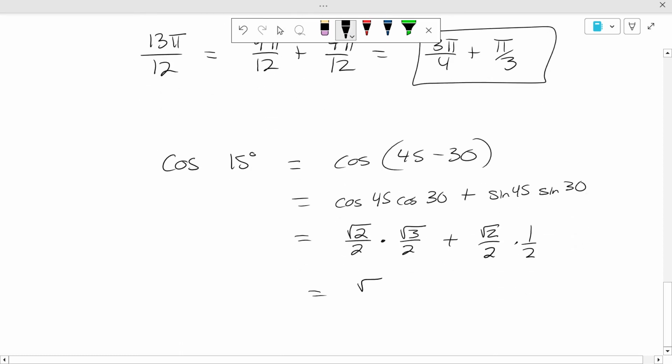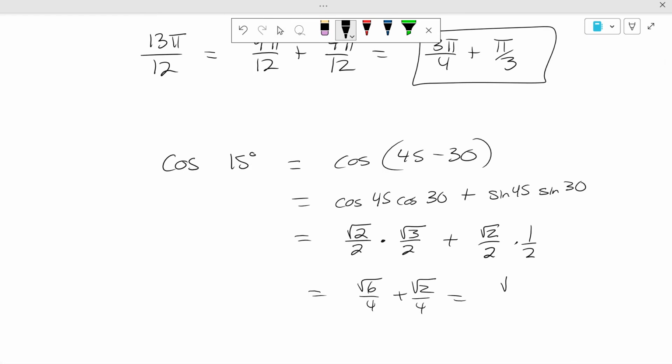So this is square root of 6 over 4 plus square root of 2 over 4, which is the square root of 6 plus the square root of 2 all over 4. So you're going to have answers with square roots of 2, square roots of 6, and your denominator of 4 anytime you have 12 as a denominator, or you have 15 degrees or 75 degrees or 105 degrees or 165 degrees. Okay?